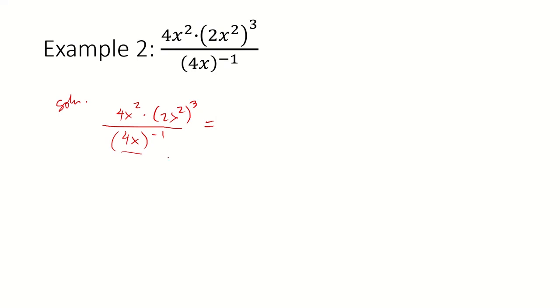So, ibig sabihin, following negative exponent na law, magiging positive 1 yan kung ililipat natin. So, nasa denominator siya. So, pag inilipat na natin siya sa numerator, magiging positive 1 na siya. Okay, that's negative law exponent.